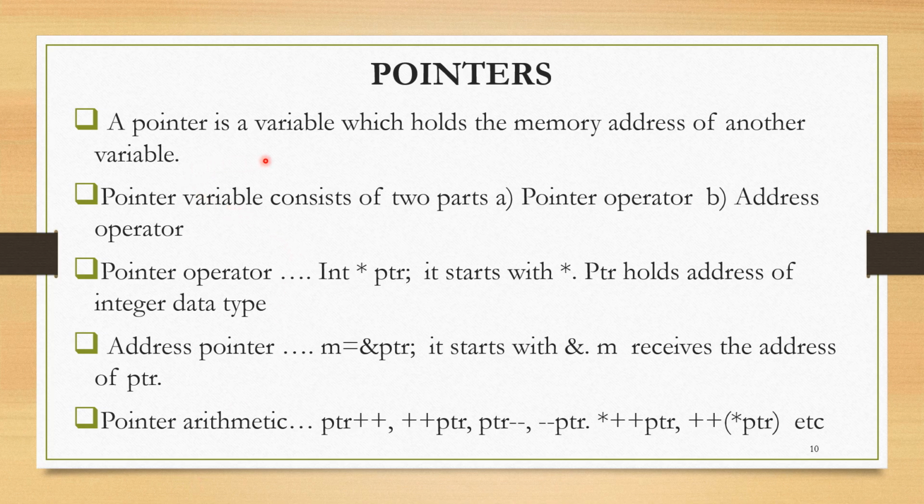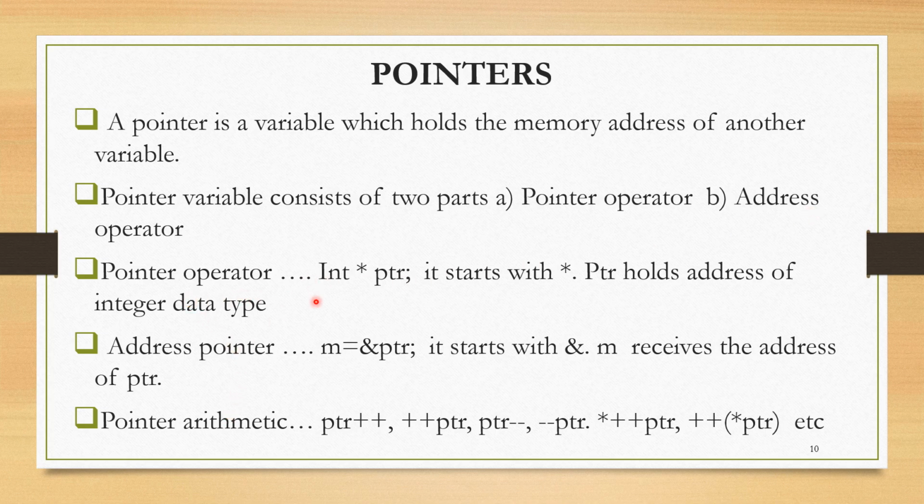A pointer is a variable which holds the memory address of another variable. Usually a variable contains a value, but a pointer variable contains the address of another variable. Pointer variables consist of two parts: one is the pointer operator, one is the address operator.